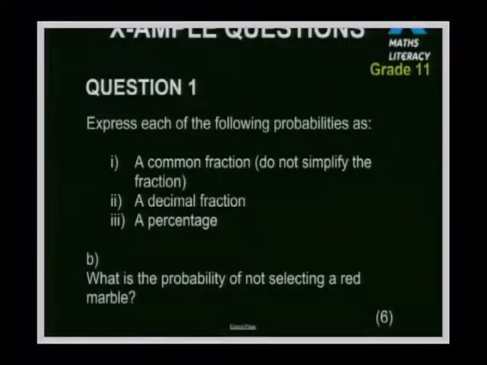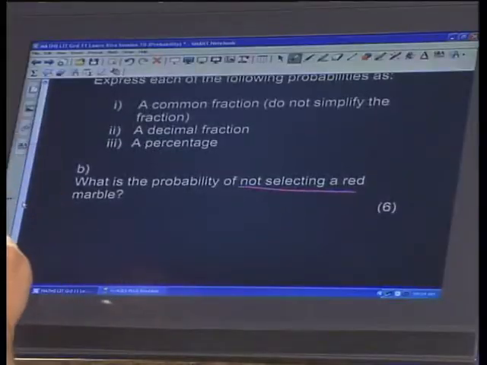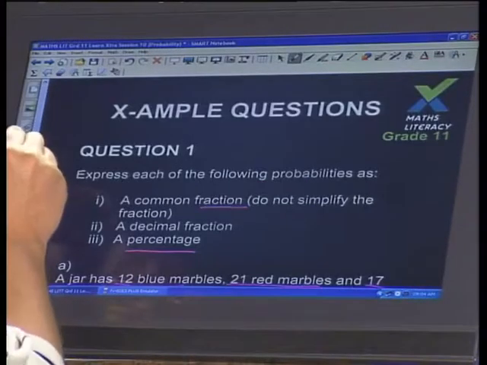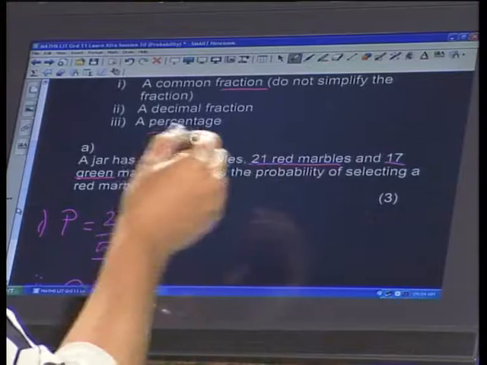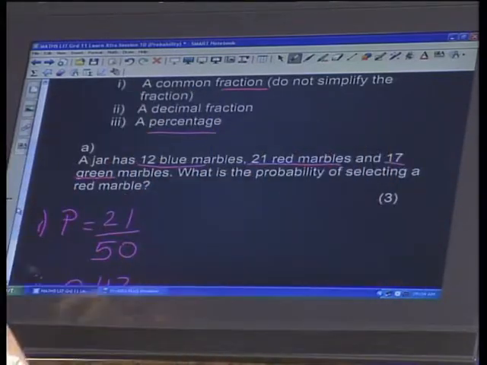Again, we need to do common fraction, decimal, and percentage. What is the probability of not selecting a red marble? Not selecting a red marble basically means selecting any other color than red. So let me go back to my question. Not selecting a red, well, then I would be selecting a blue or a green.